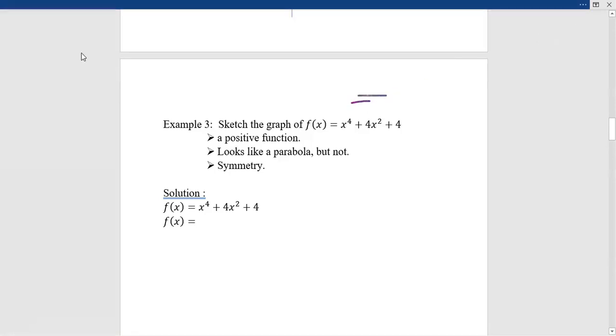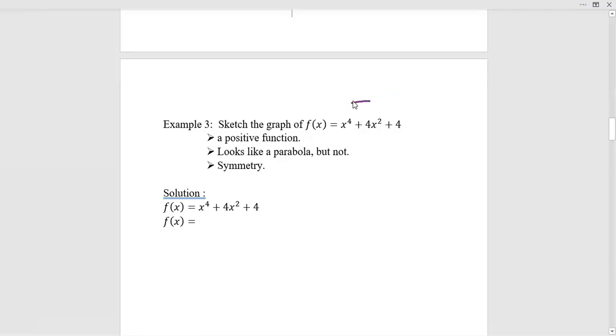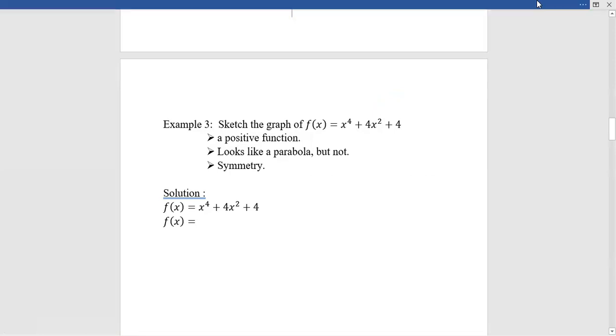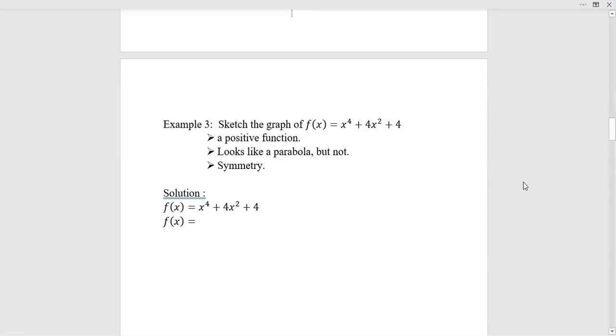Let me use this marker. Hopefully it moves with the slide. x squared plus 2 whole thing squared.